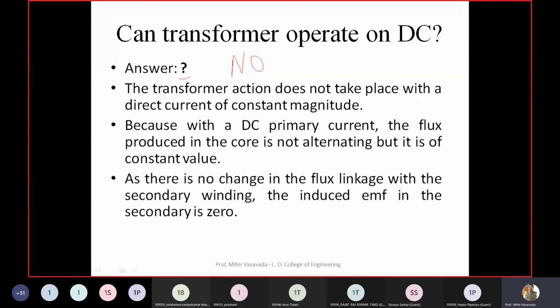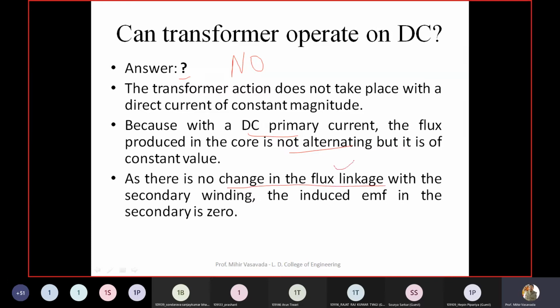Because with a DC primary current, the flux produced in the core is not alternating, but of constant value. So there is no change in flux linkage.